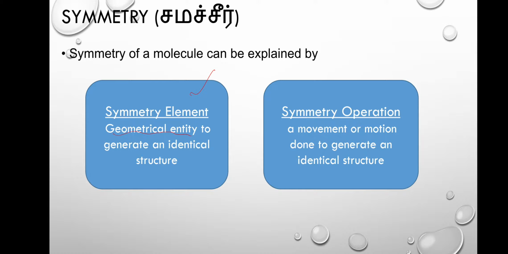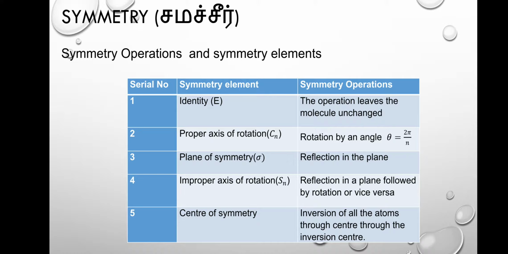We use a geometrical entity so that the molecule can be changed into an identical structure. The movement or process we carry out using this geometrical entity to get the indistinguishable structure is known as a symmetry operation. Symmetry element and symmetry operation are interrelated.